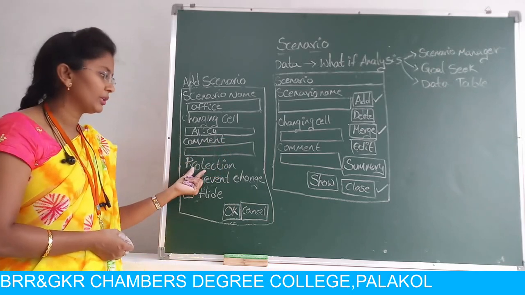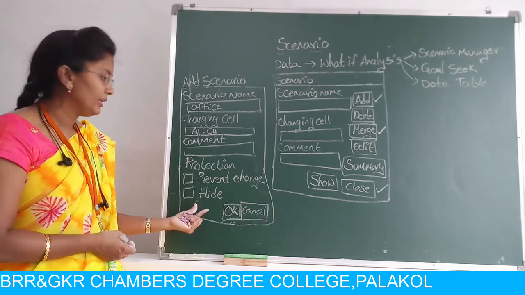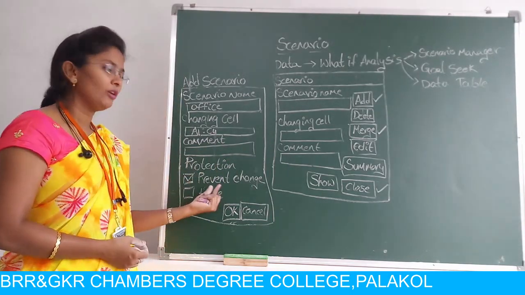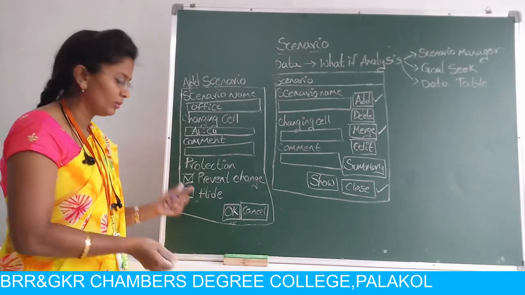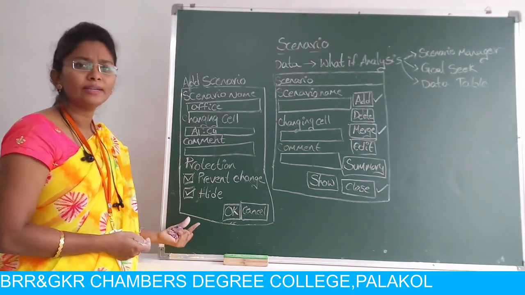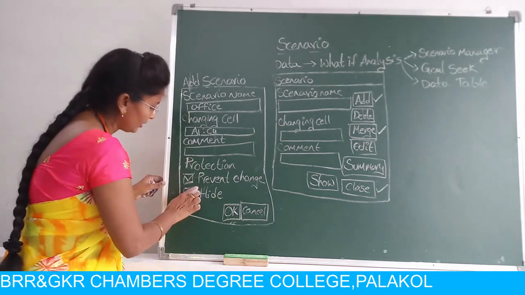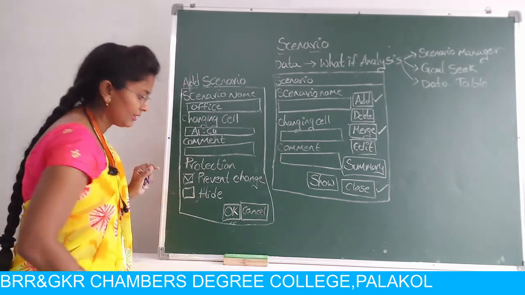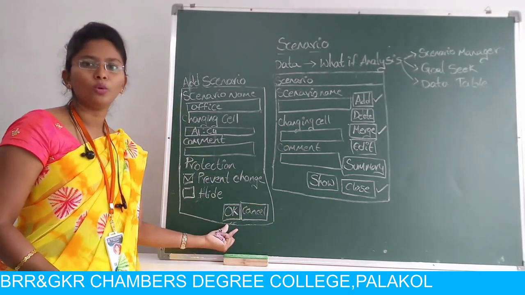And next, the protection. If you want to prevent changes, then you can check this option. If you want to hide this scenario, check this box also. I didn't want to hide this scenario, that's why I am not checking this hide option. I am leaving it empty and clicking on the OK button.